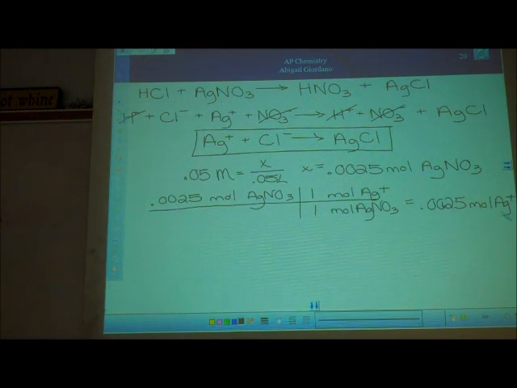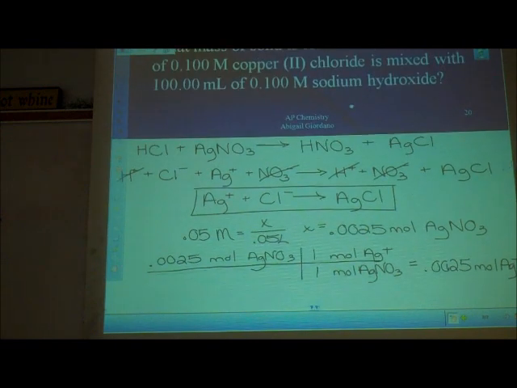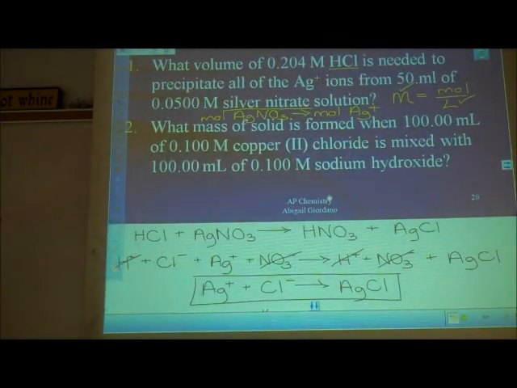Just to be clear, all I have done here is taken my given information and put it in terms of something that I can work with. I haven't actually done any stoichiometry yet, believe it or not. Let me scroll back up.